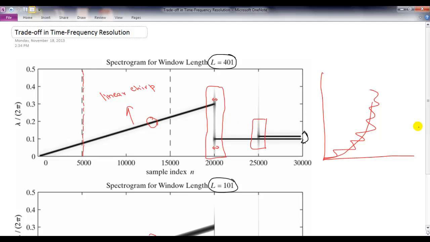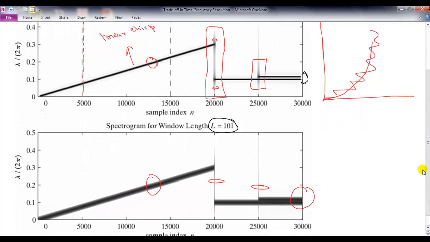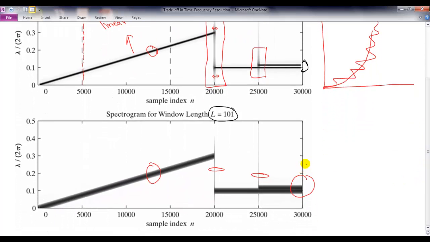On the other hand, if you reduce our window, then what is going to happen is that your main lobe is going to become larger, and because of that, your frequencies for any given value of n. So your frequencies are given by the cross sections in this direction. For any one given value of n, you won't be able to tell different frequencies apart.